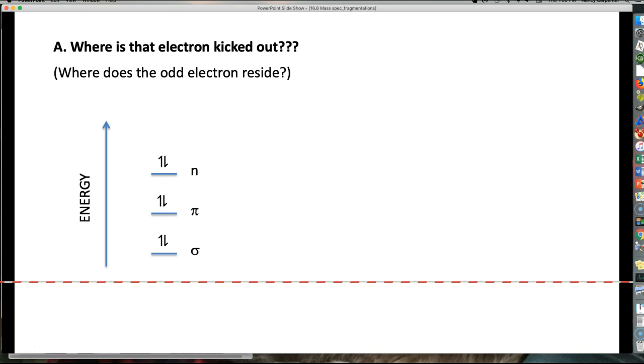Sigma electrons deep in the core of the molecule are very stable. It's hard to get rid of one of those. Pi electrons in a pi molecular orbital, kind of on the outside of the molecule, are easier to kick out. And the lone pairs in the non-bonding orbitals, those are quite vulnerable to being kicked out by 70 electron volts.